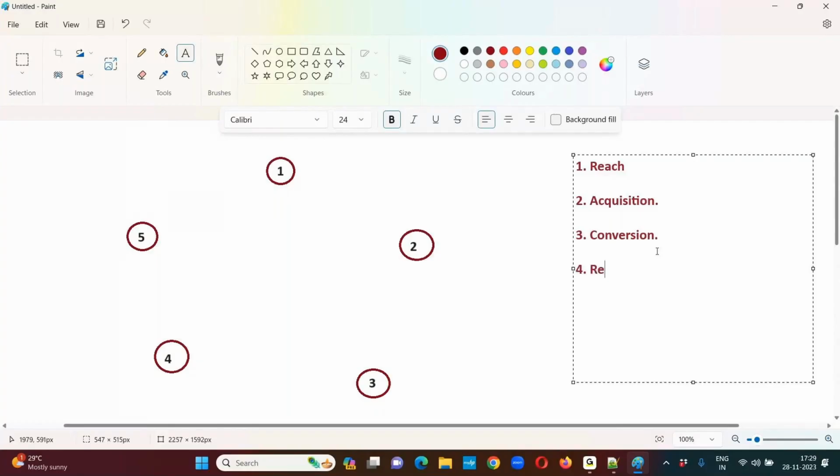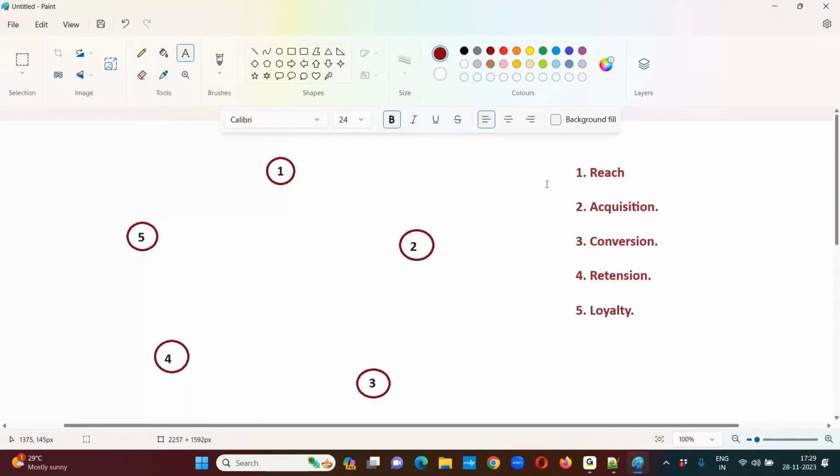Fourth one, retention stage. Fifth one, loyalty stage. These are the five stages available over here: reach, acquisition, conversion, retention, and loyalty. As part of this CRM life cycle, each customer should come across all these five stages.